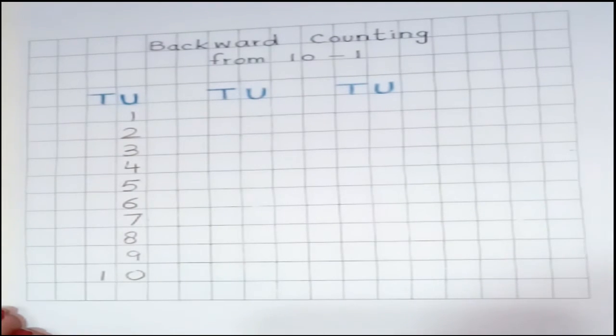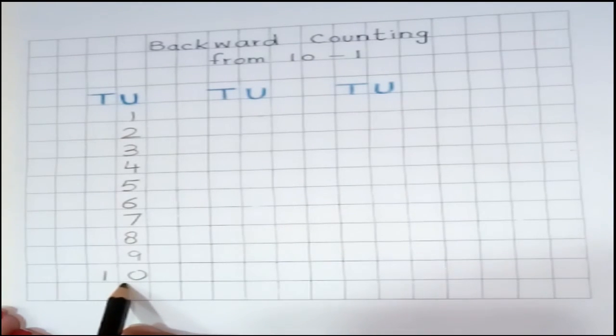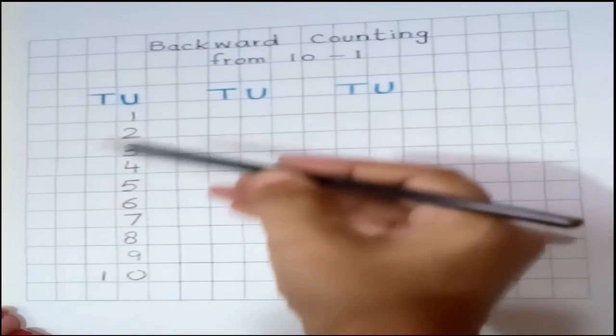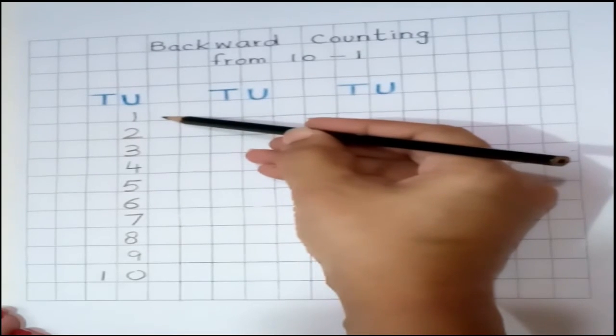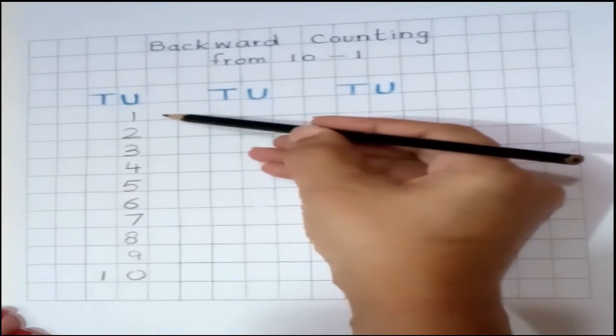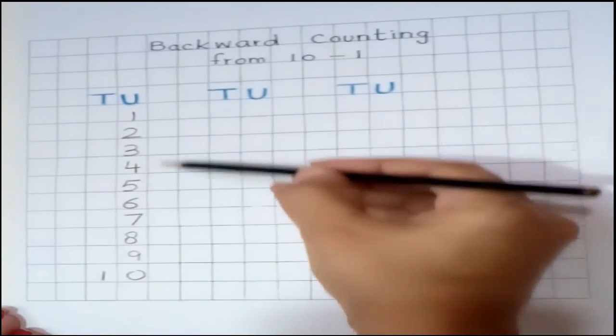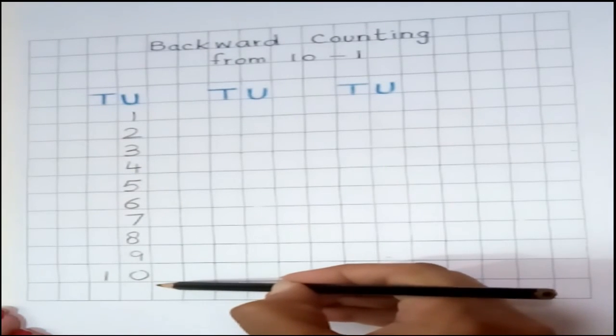Okay, now today we write backward counting. Backward counting starts from the last number. The last number here is number 10. First, we started from this point and we went downwards.